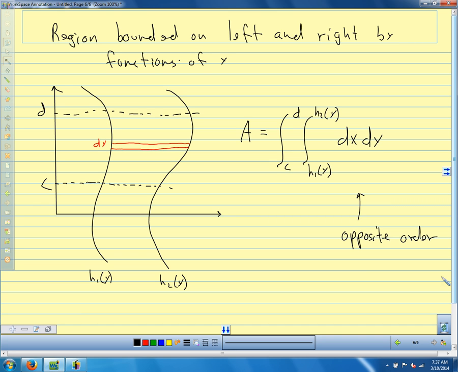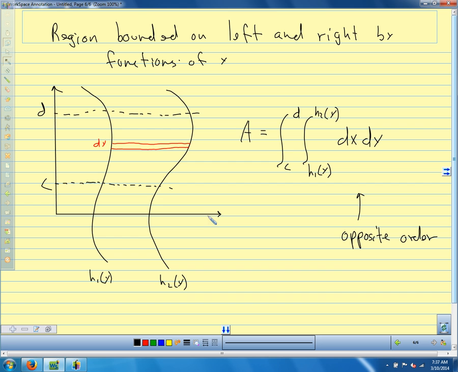Sometimes, depending on how we're given our region of integration, it will be easier to evaluate our integral in one order than the other. Sometimes it'll be impossible to evaluate the integral in one order, but if we switch the order and take care of how we set up our region, then our integral becomes possible to evaluate or easier to evaluate. So we're just turning things in the opposite order.